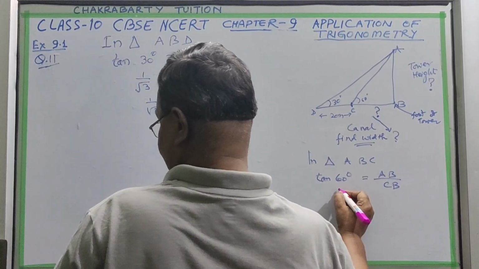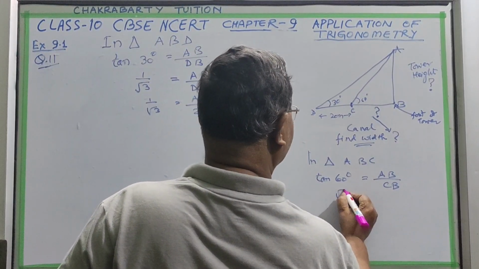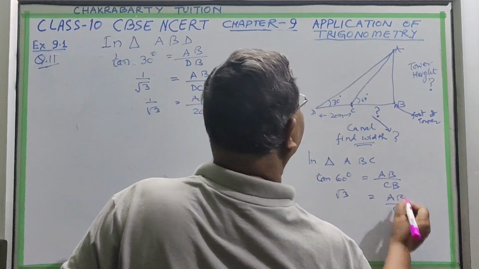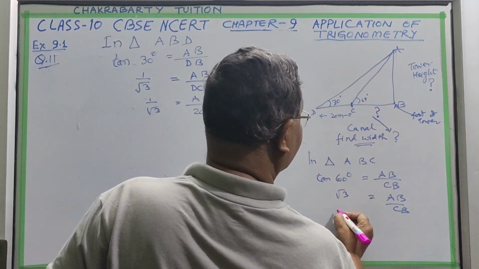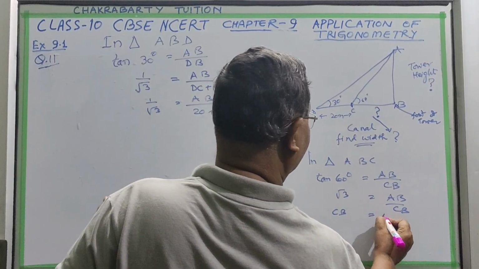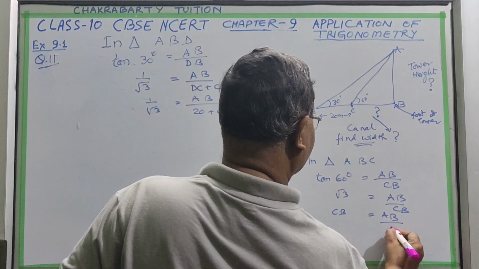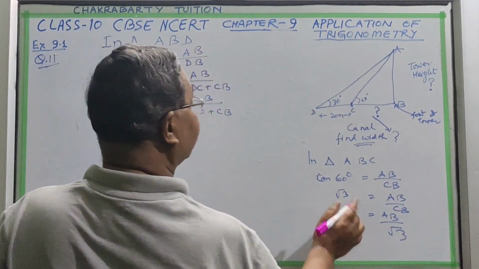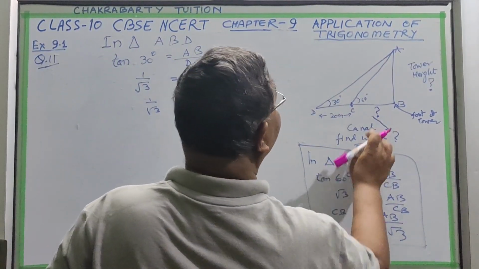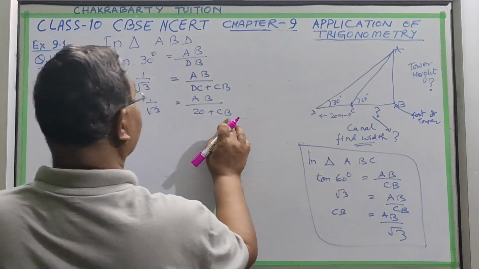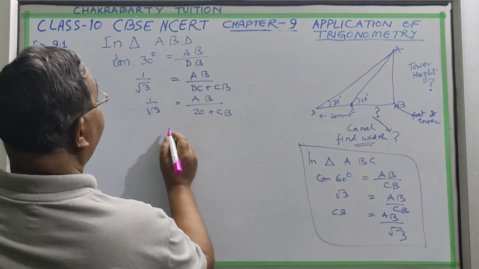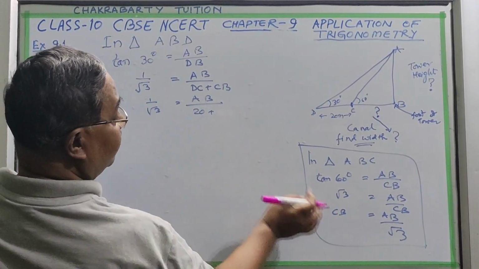Tan 60 is under root 3, equal to AB upon CB. So CB we want, so we take CB to one side: CB is equal to AB upon under root 3. This we will keep with us, and wherever CB is there, we can use it. So in place of CB also we can write this.